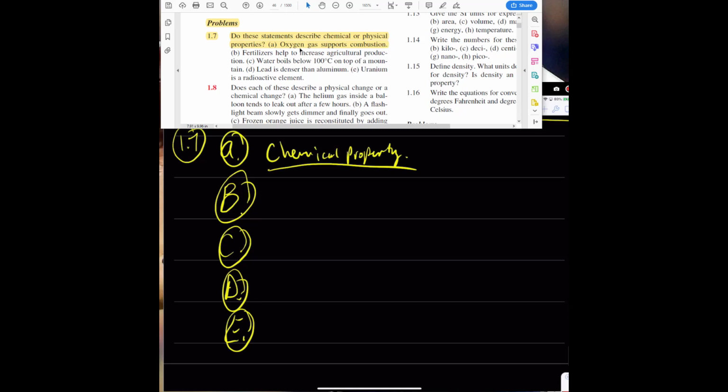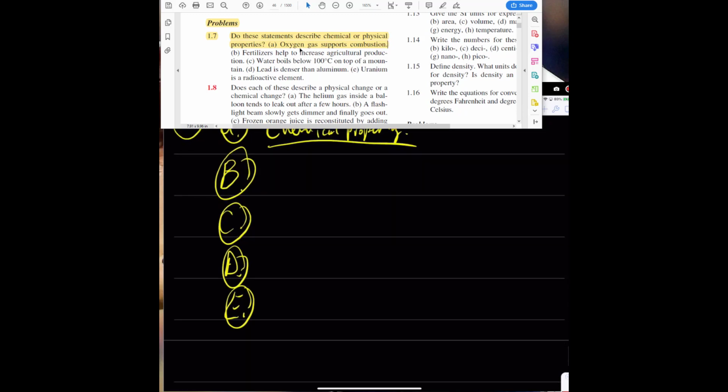What's the product of a combustion reaction? We know that they are CO2 and water, right? A molecule of water. So, all depending on the hydrocarbon in the reactants plus the oxygen. But when the oxygen and the hydrocarbon react, what's left over is not oxygen, it's carbon dioxide and water. So therefore, it is a chemical property.